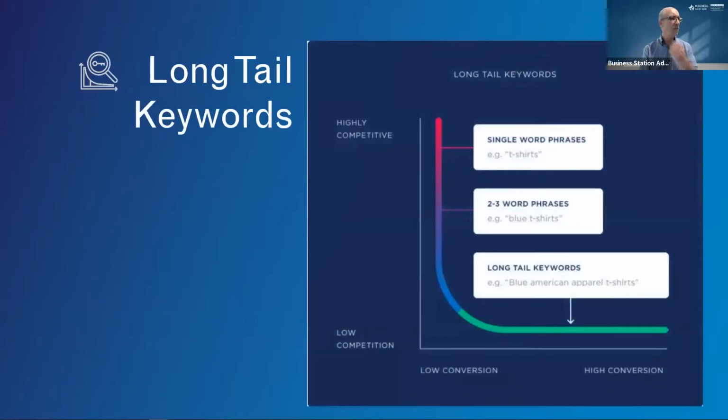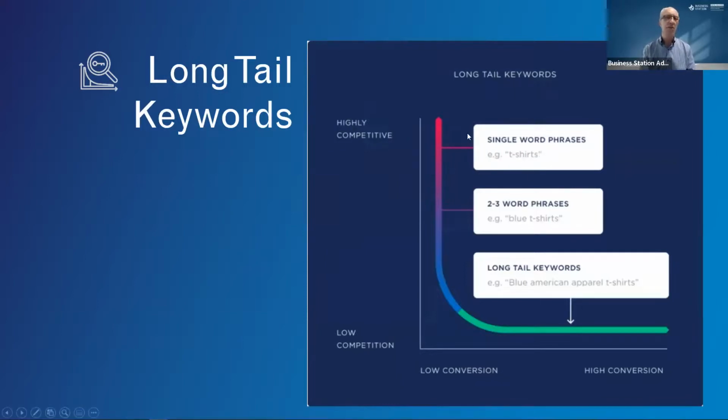So let's just quickly talk about keywords. When I'm talking about keywords here, we're talking about 3 to 5 word phrases, and they're often called long tail keywords. Most search terms are long tail keywords, 70, 80% of them. So there are lots more of them available than the short, single phrase keywords, like, for example, t-shirts.